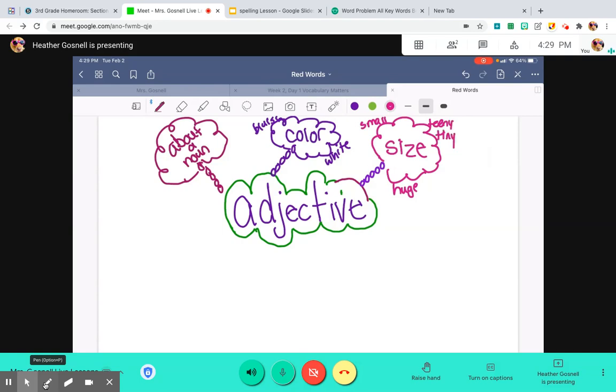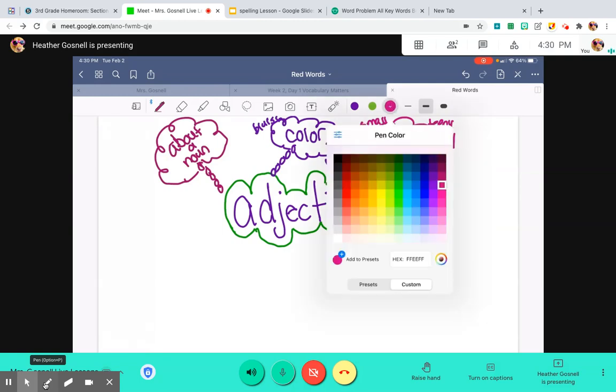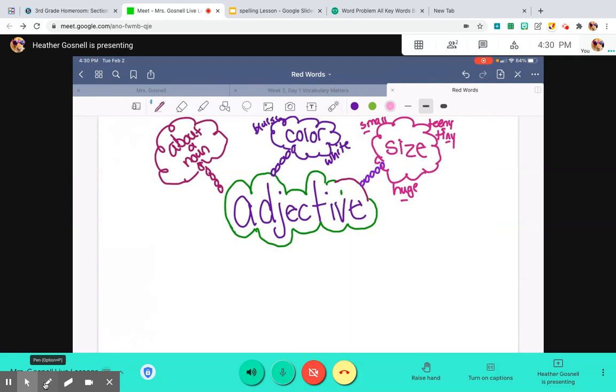Is it miniature? Is it gigantic? Size. All these words that I'm saying out loud are adjectives, those descriptive, juicy words. I like to call them juicy words because they're full of flavor. They make your writing interesting and detailed. We want to know everything there is about what you're talking about.